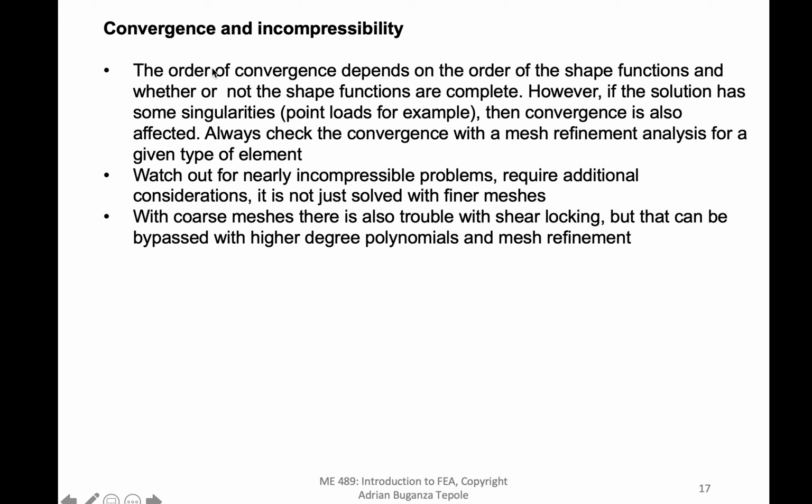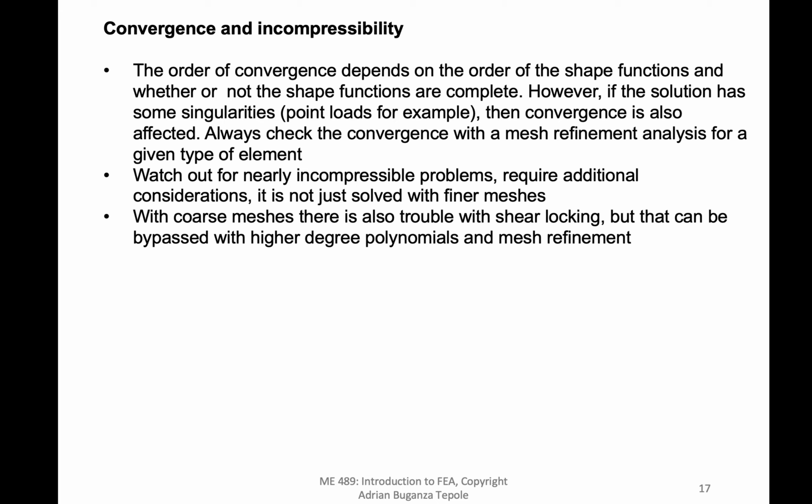So there are a couple of points here. I guess I have many points. One of them is that the solution might converge as you refine the mesh. For example, for nearly incompressible problems, it's not enough to have finer and finer meshes, because your solution will converge, but it will converge to the wrong solution.